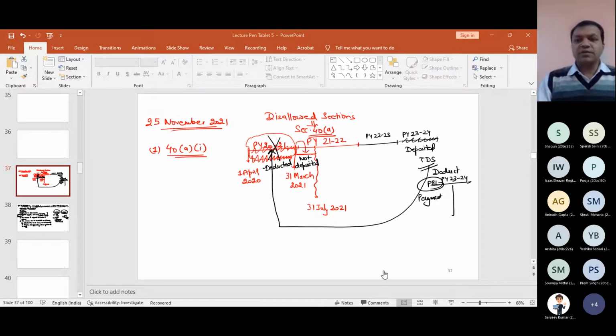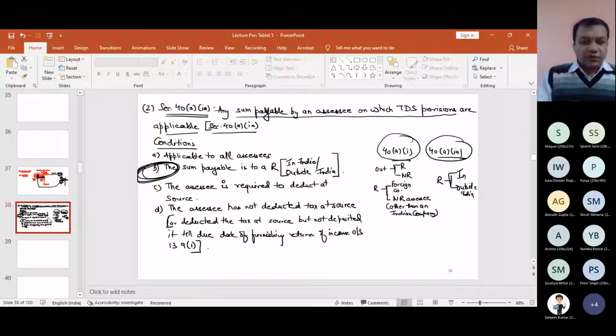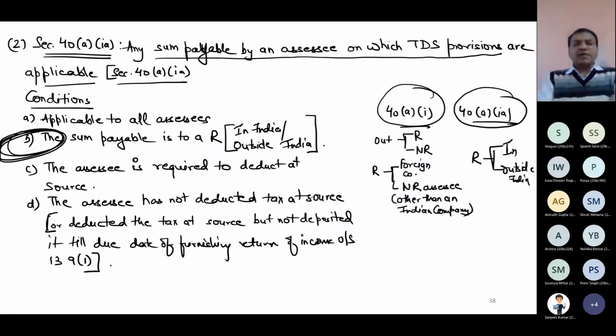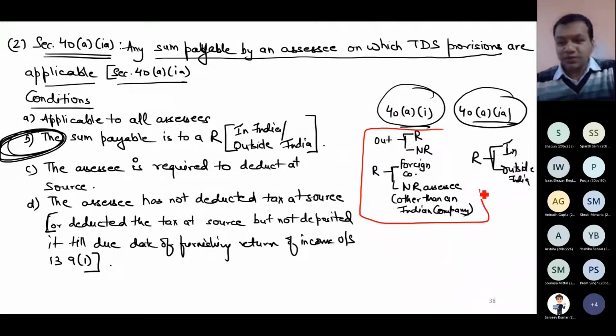Those previous slides are not coming, but if you have noted in the earlier lecture from those previous slides, you can see the difference yourself. I somewhere lost those slides. The only difference between section 40A1 and 40A1A is that in 40A1 payment should be as follows to these people, and now in 40A1A payment should be as follows.